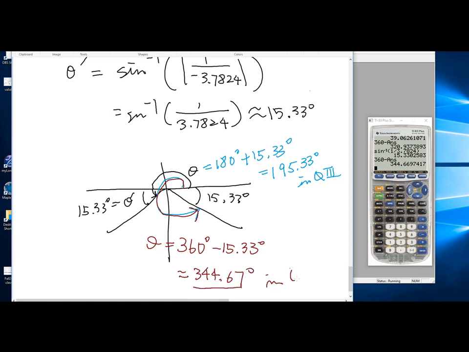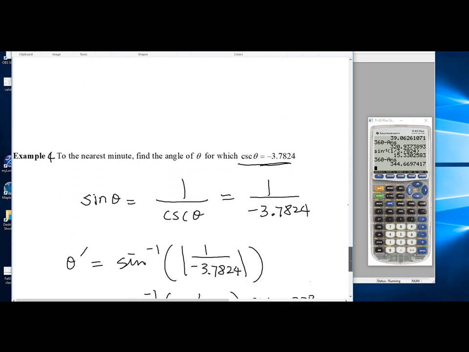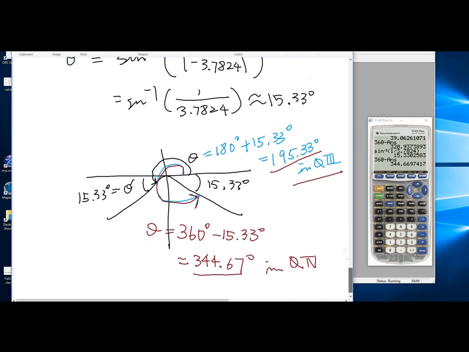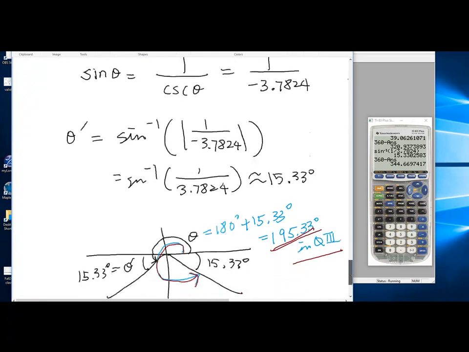That's the angle theta in quadrant 4, and 195.33 is the theta angle measure in quadrant 3, and sine is negative in quadrants 3 and 4. So these two theta values are the ones you're looking for, between 0 and 360 degrees.